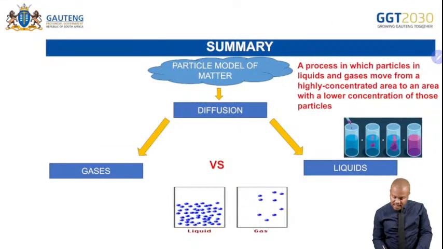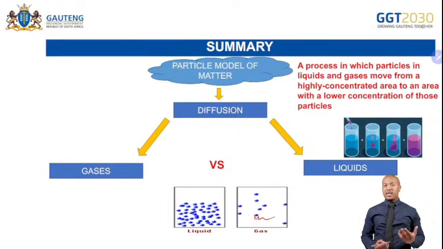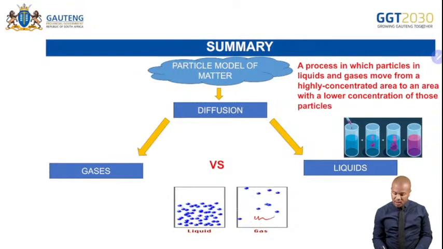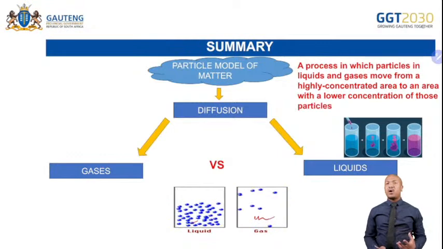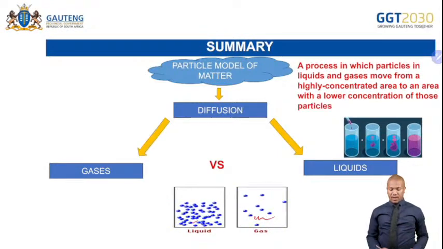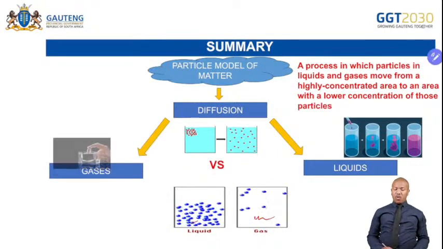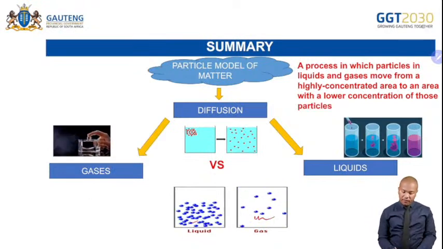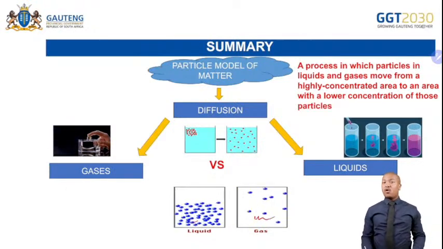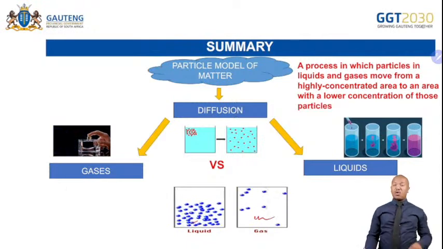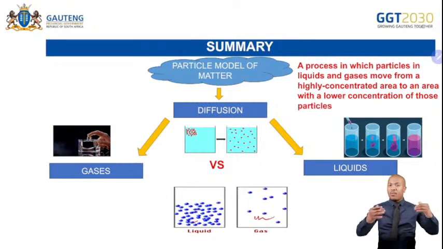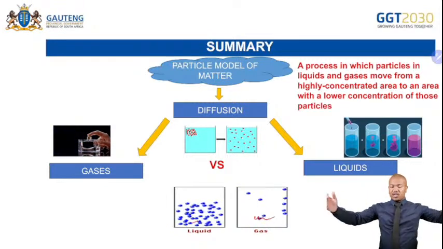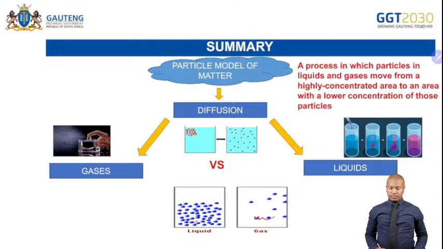We said that gases, as you look at this diagram here, move around quickly to fill up the spaces, and liquids move slowly because they have small amounts of space. So we made an example using your perfume for the diffusion of gases, saying that it only smells in one corner of the room up until a certain time where the particles spread throughout the room.